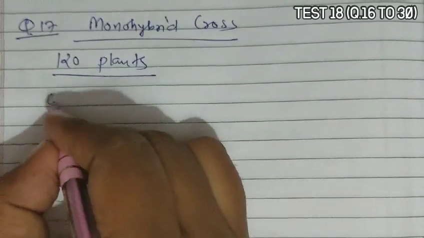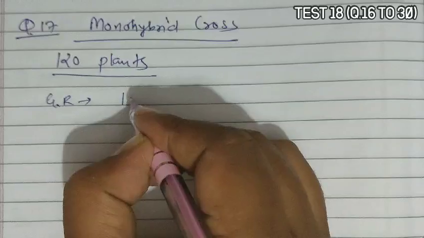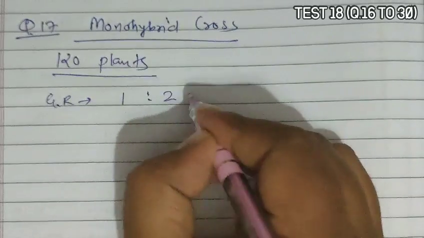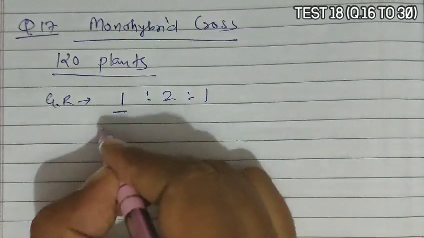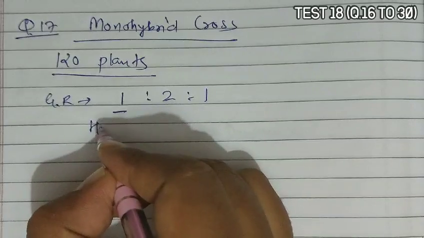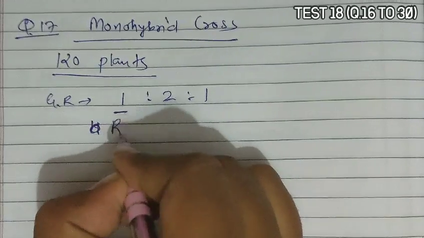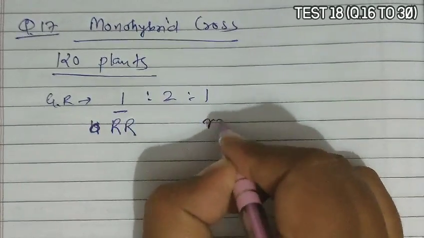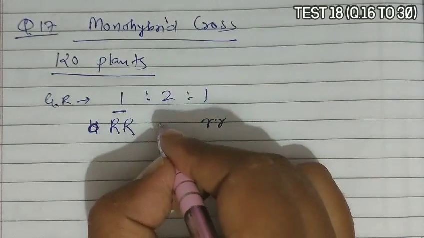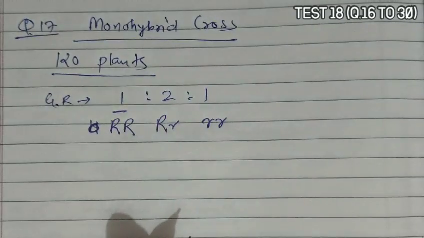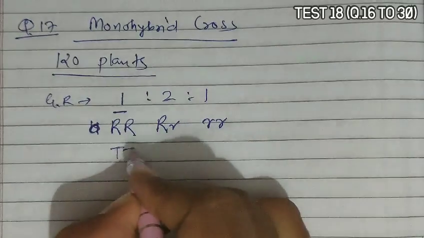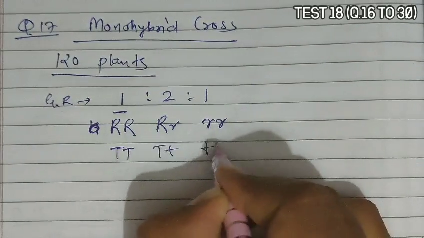If we talk about the genotypic ratio, it is 1:2:1. This one represents homozygous dominant, suppose capital R, this represents homozygous recessive, small r, and this represents heterozygous, capital R small r. Or you can write capital T, small t.